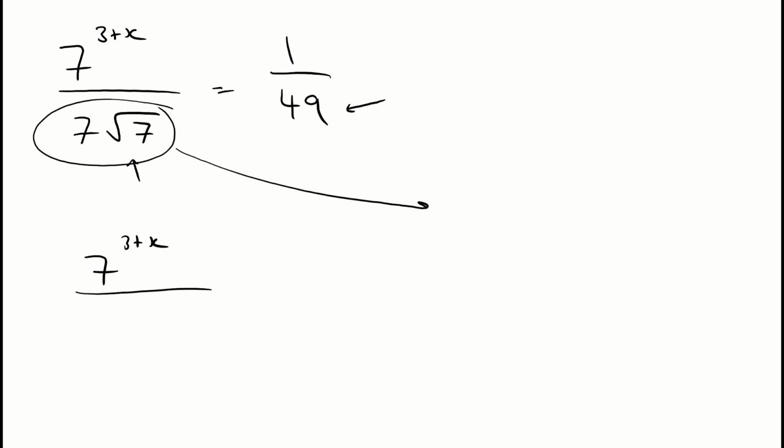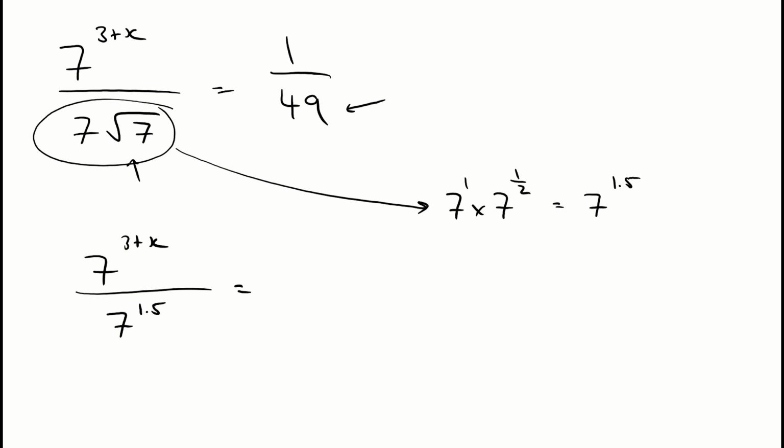Well, 7 times the square root of 7, I can write as 7 times 7 to the power of a half. The square root of 7 can be written as 7 to the power of a half. If I add my indices together, 1 plus 0.5, I get 1.5. So I'm dividing here by 7 to the power of 1.5.